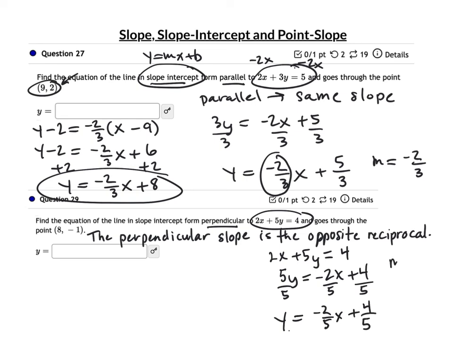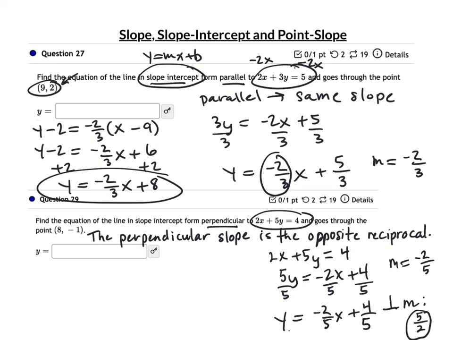So our slope of the line is negative 2/5, which means the perpendicular slope, the perpendicular m, is the negative reciprocal, the opposite reciprocal. Flip it and make it the opposite. That would make it 5/2.